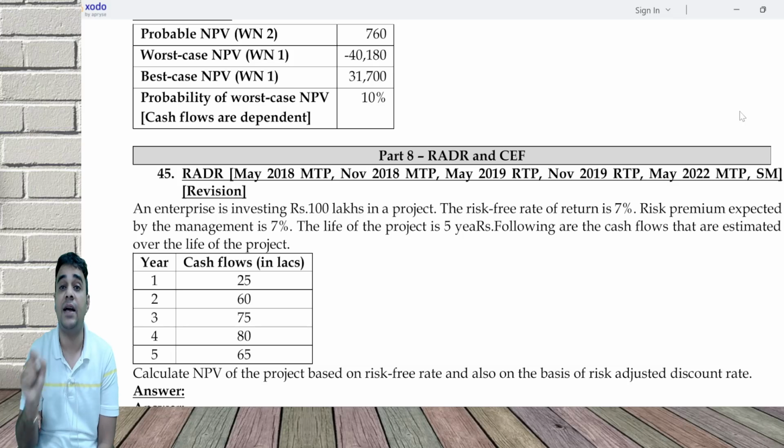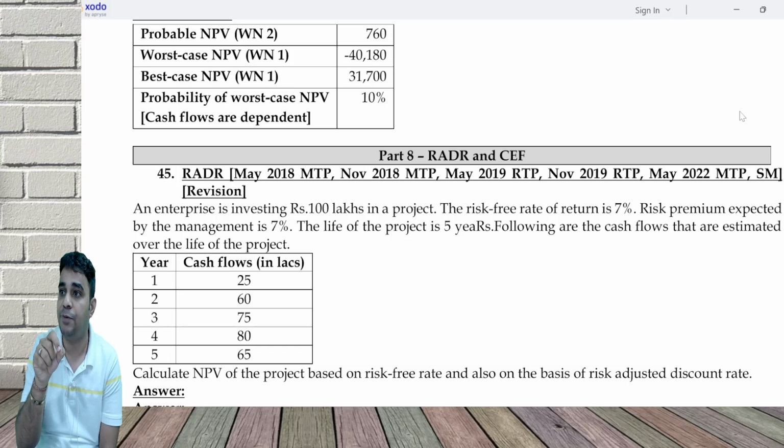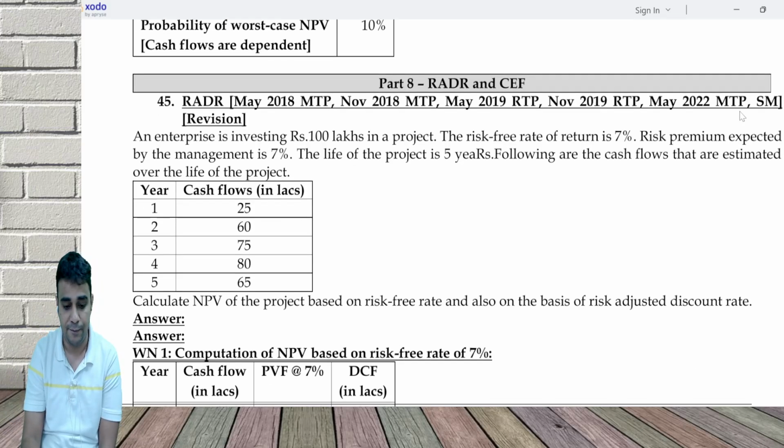Then NPV at RADR. What is the RADR? It is 7 plus 7, 14%. No calculation, nothing needs to be done. Year, cash flow, PVF at 7%, DCF. Year, cash flow, PVF at 14% and DCF.